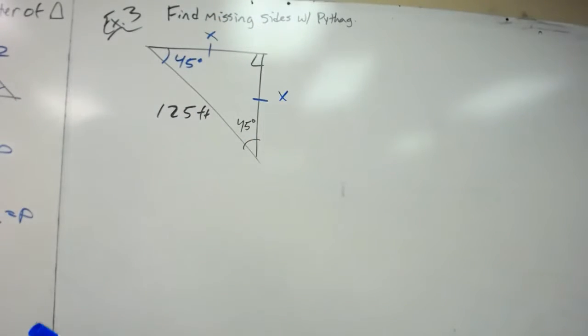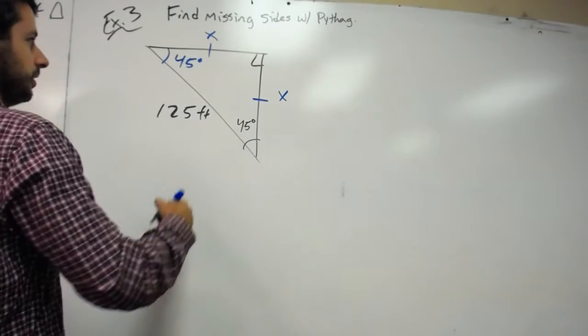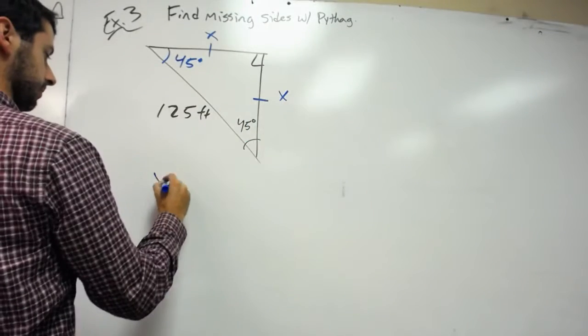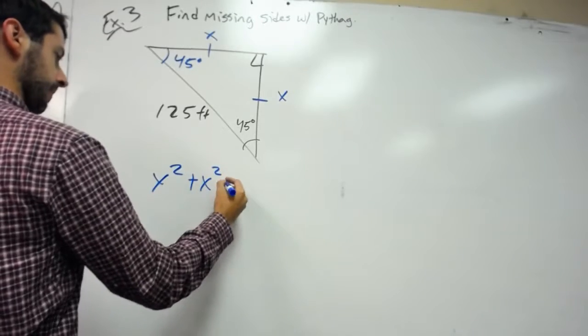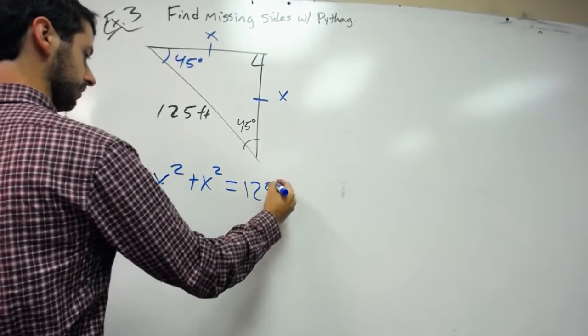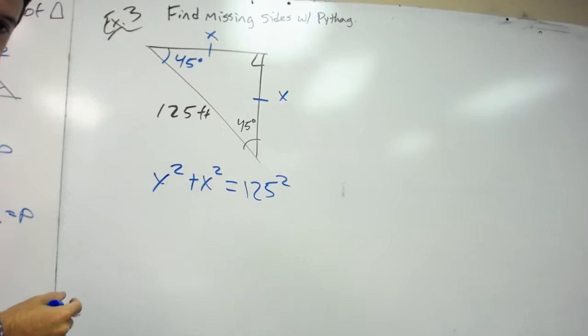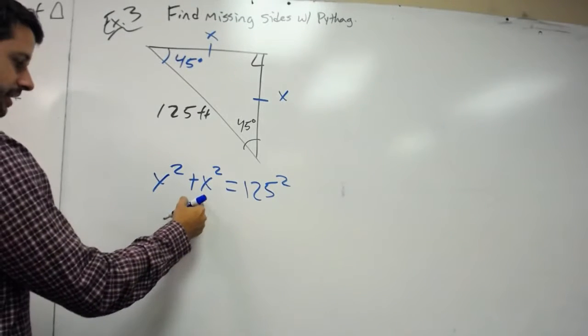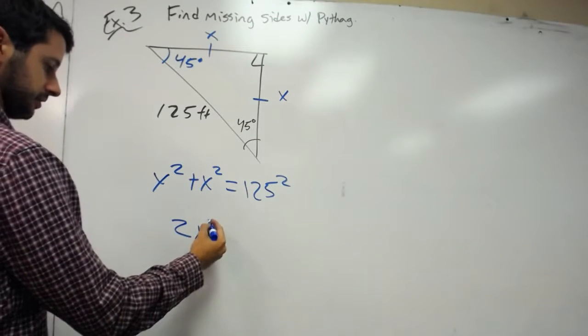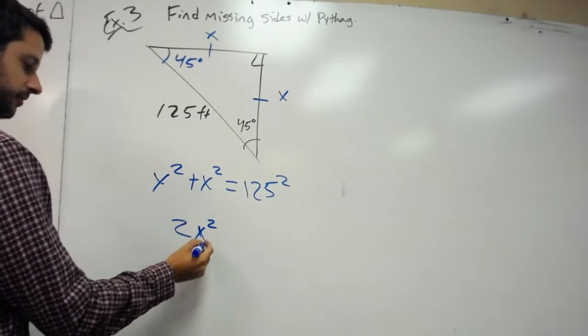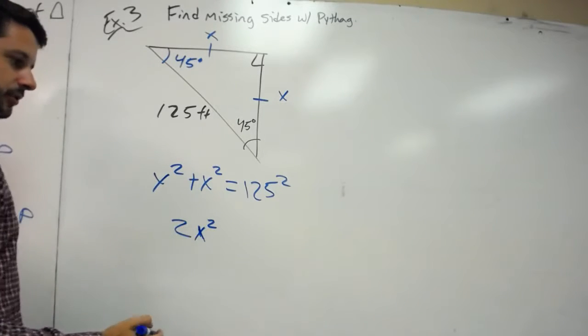Same number. So Pythagorean theorem is leg squared plus leg squared equals hypotenuse squared. Now notice what happens when I add these together is I get 2x squared. Doesn't become x to the 4th. You only do that if it's being multiplied.